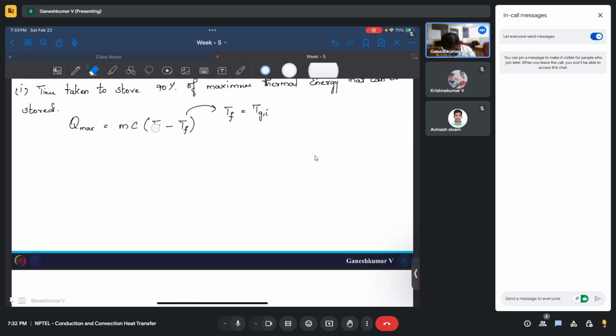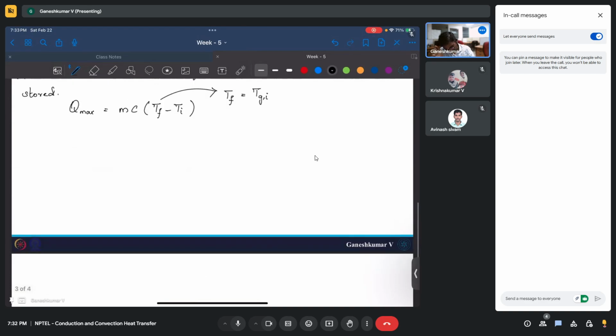I write T final minus Ti because the final temperature is higher. The mass is nothing but density times volume of the sphere, so I can write this as rho times V times c times (Tf minus Ti).